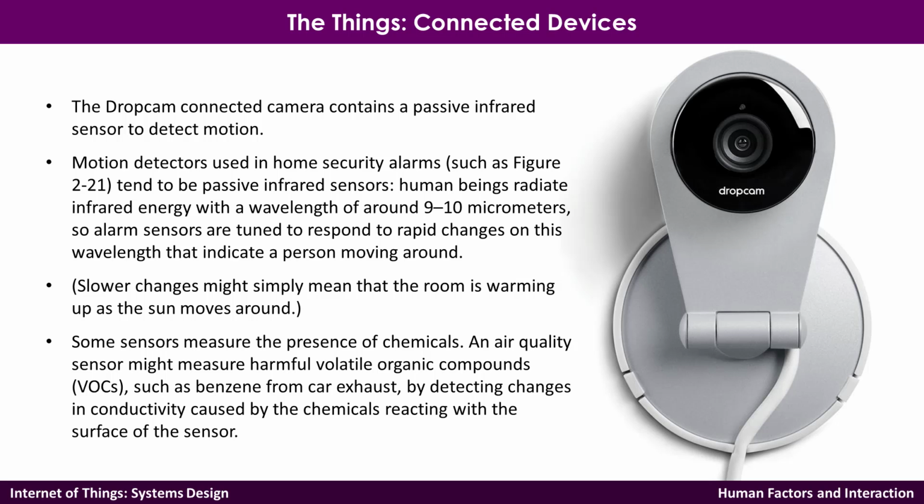So over the next few slides, I would like to go through some commonly used sensors and explain their common applications within well-known IoT products and services. DropCam is a camera that contains a passive infrared sensor to detect motion.